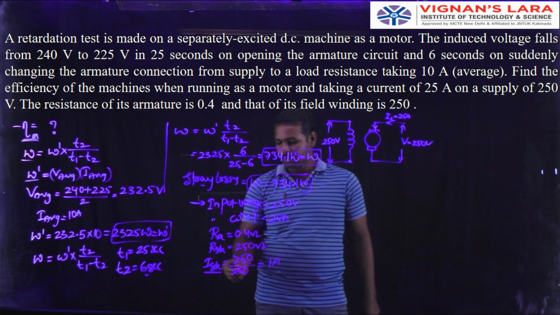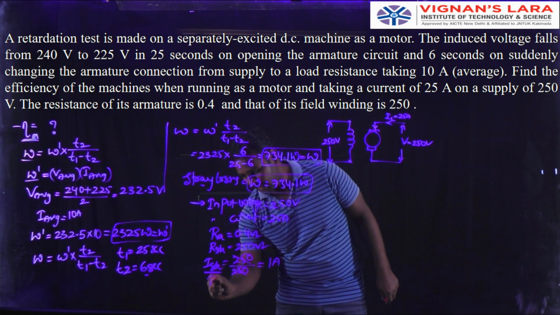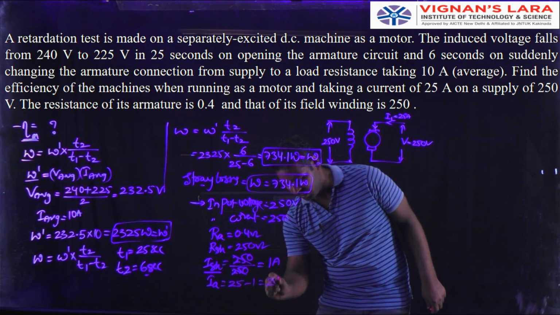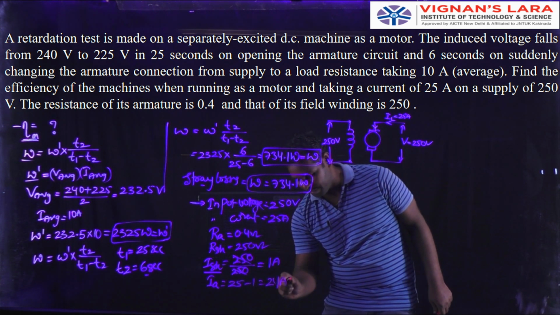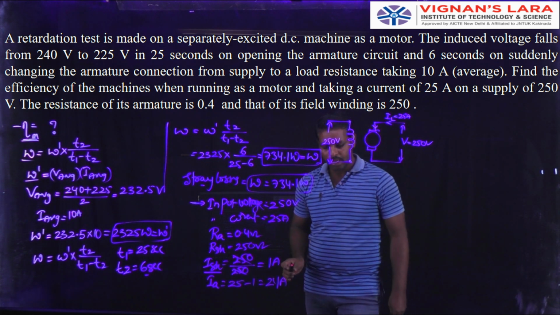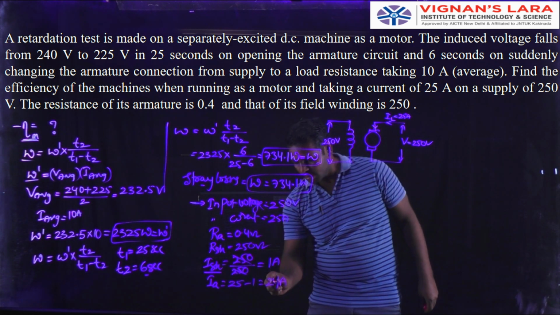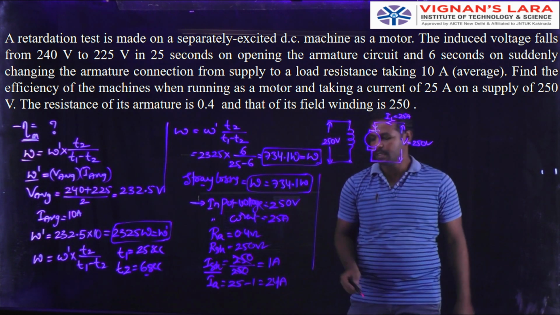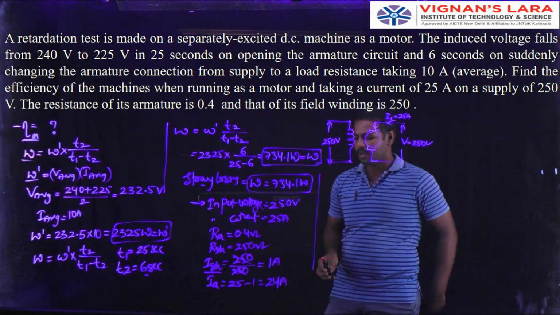So the armature current IA is equal to 25 minus 1, which is 24 amperes. So this is the armature current, 25 minus 1 ampere.